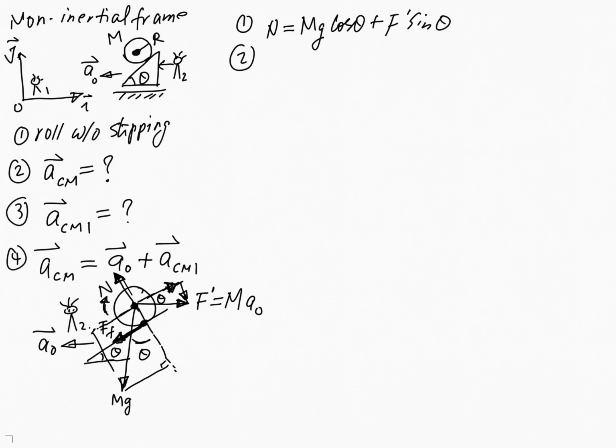The second equation should be along the direction parallel to the slant surface. In that case, the center of mass is moving with acceleration a_cm1 upwards. So we should say m a1 equals what?